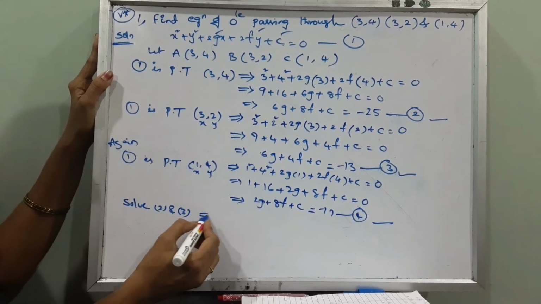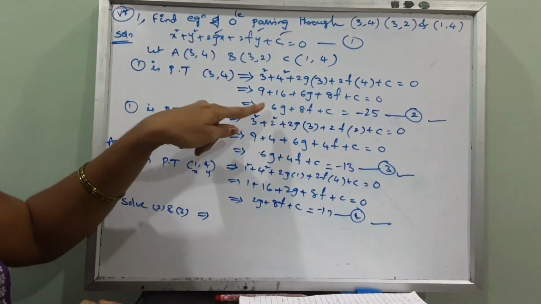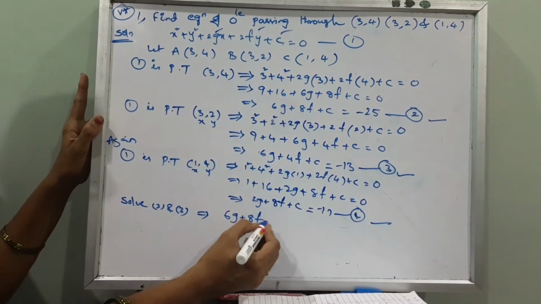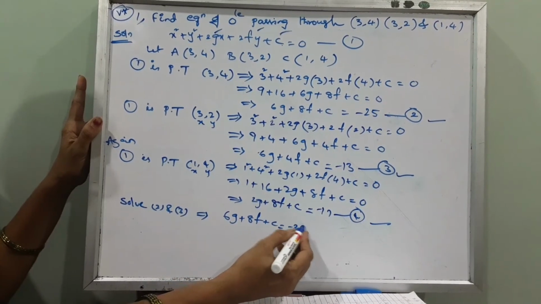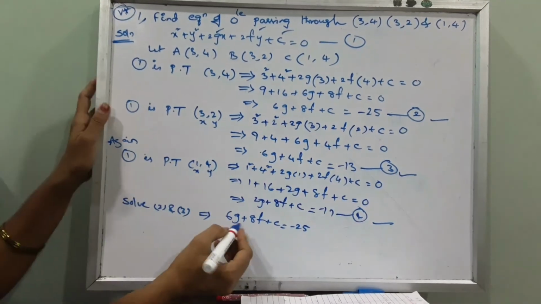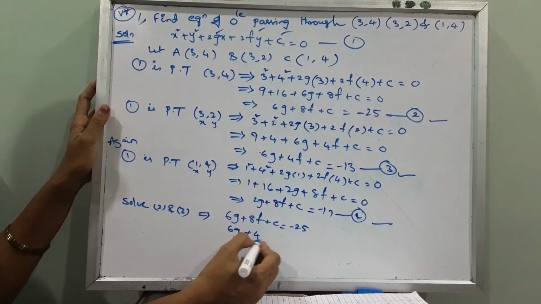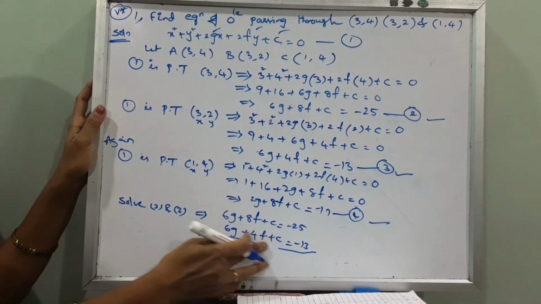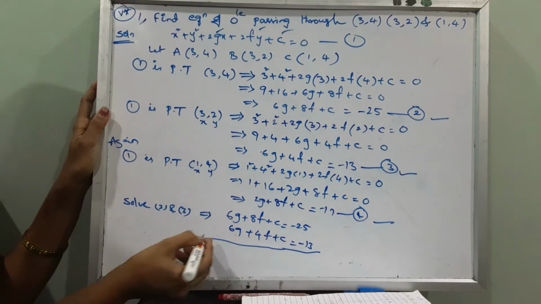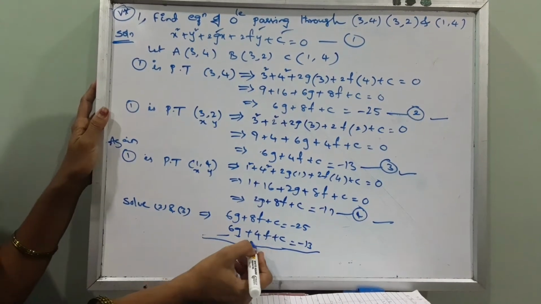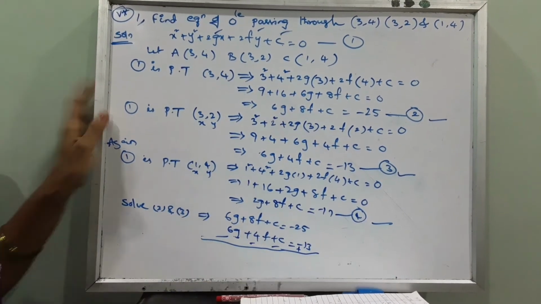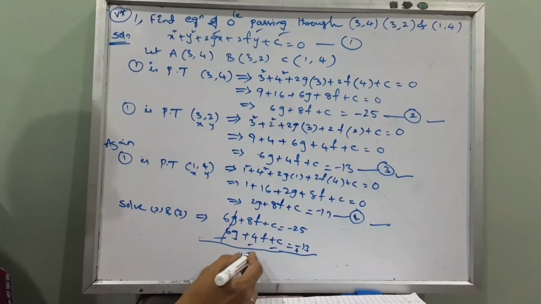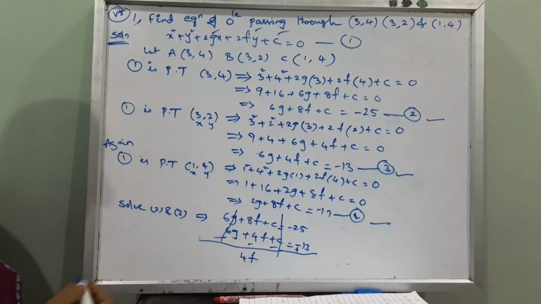Solve 2 and 3. Here the second equation is 6g plus 8f plus c is equal to minus 25. And equation 3 is 6g plus 4f plus c is equal to minus 30. We have to subtract here. Why we have to subtract? Here 6g and 6g cancel. 8f minus 4f is 4f, and c minus c also cancels.